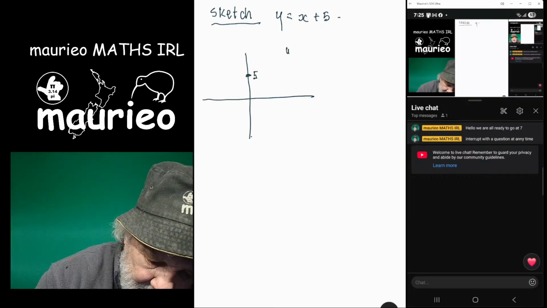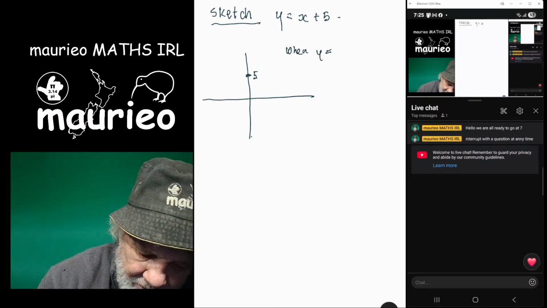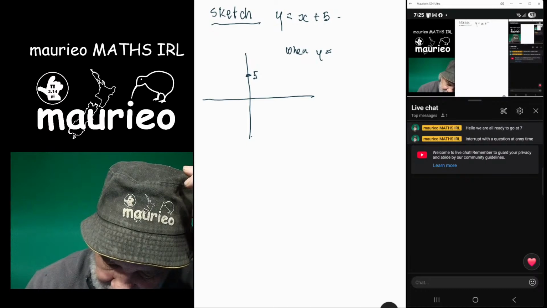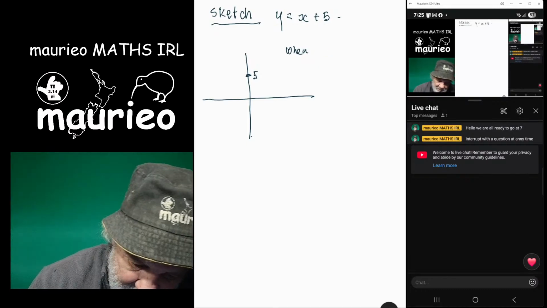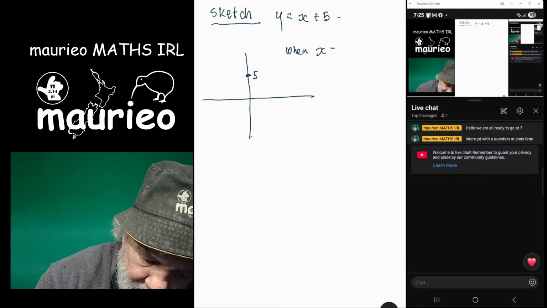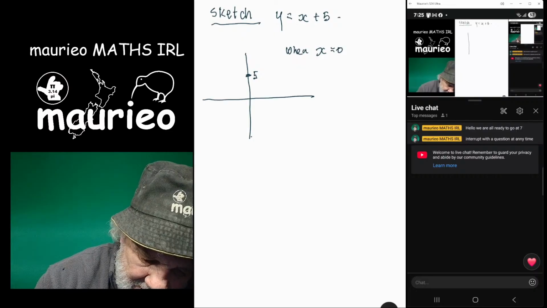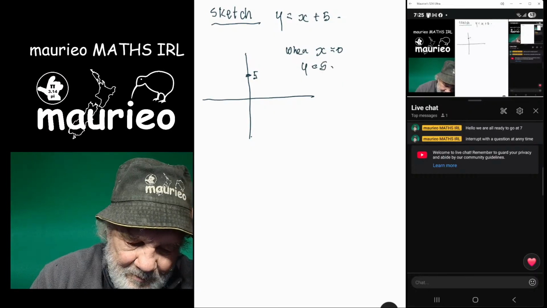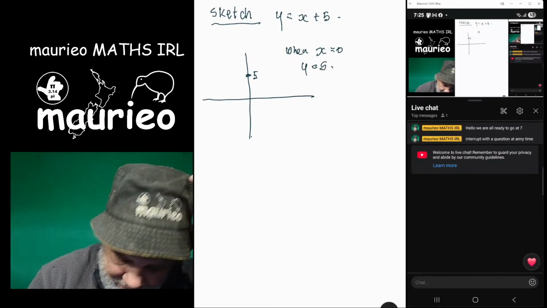When x equals 0 it will give me the y-intercept, so y equals 5. Okay, that's cool.